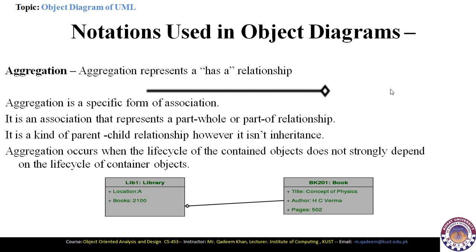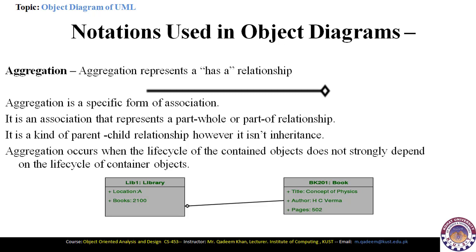The association is like the parent-child relationship, but because in inheritance the child is the full part of the parent, while in aggregation it is a part-whole or a part-of relationship. That means it can be a simple part of a parent's class.